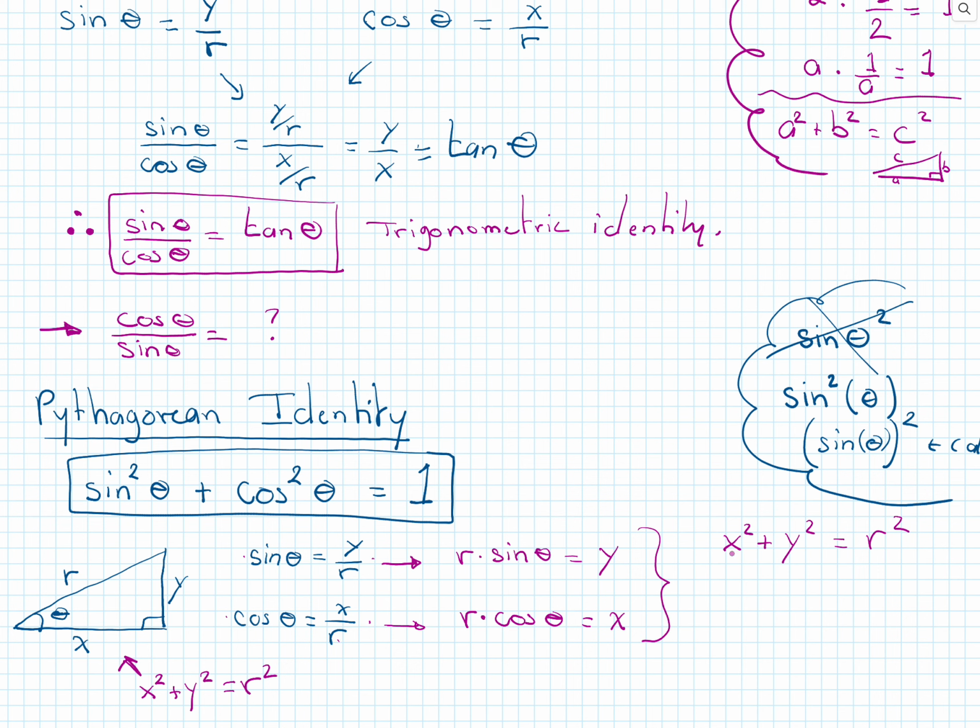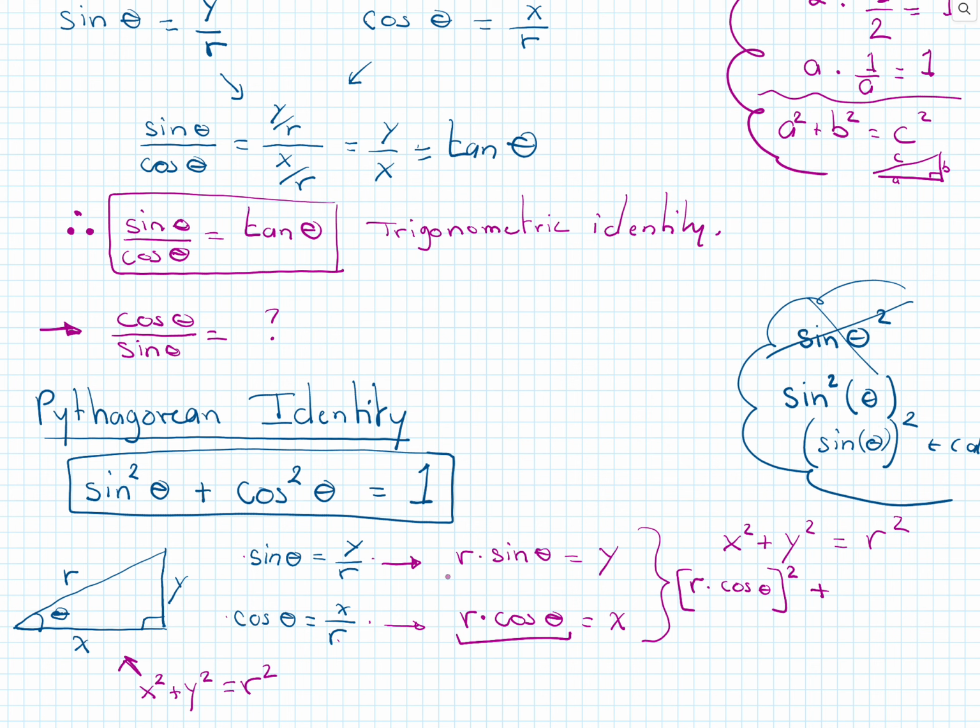But what is x squared? Well, x squared is just that, right? So x squared is r times cosine theta squared. And what is y squared?